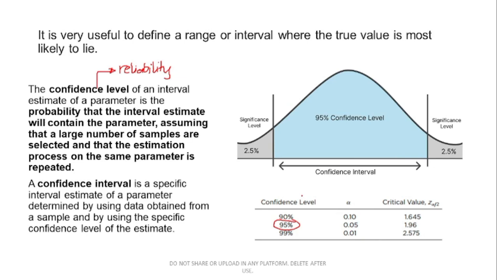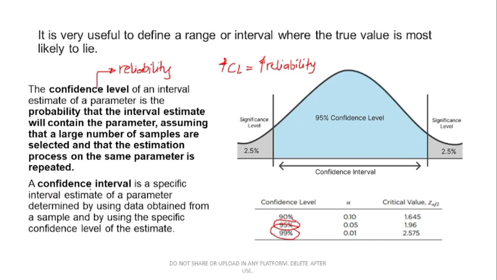In simpler terms, kapag mas mataas yung confidence level mo, let's say 99%, it indicates a higher certainty or higher reliability. So, kung mas mataas yung CL, confidence level natin, mas mataas din yung reliability ng result natin. While a lower confidence level means that there's more uncertainty. Uncertain ka dun sa accuracy ng conclusion mo.